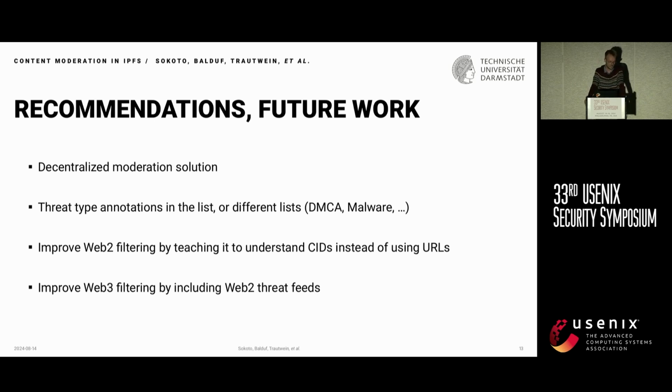There are no annotations in the list, which is a bit problematic because of the DMCA. Let's say there's a gateway operator who doesn't care a whole lot about the DMCA because maybe it's not applicable in their jurisdiction. It would be very sad, it would be a shame really, if they decided to not implement the entire list just because they don't care about copyright stuff, because the list, as I mentioned, also contains malware and other things which should probably be blocked.